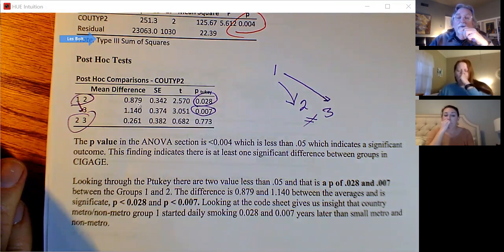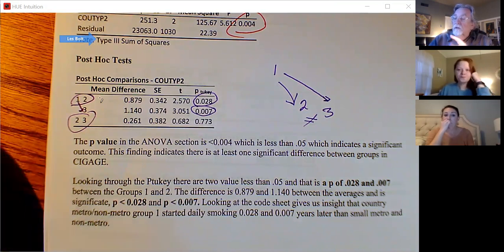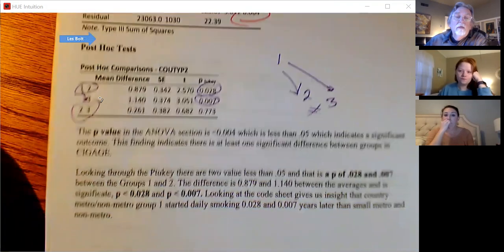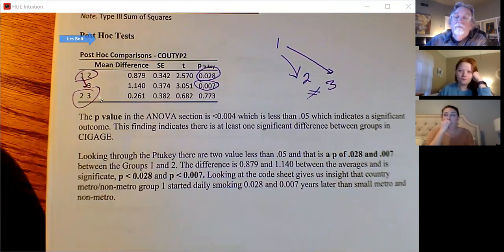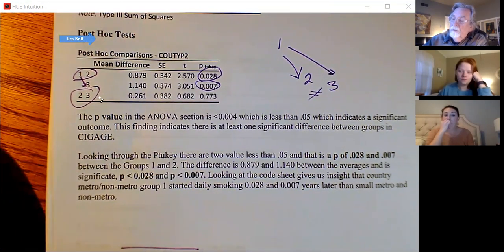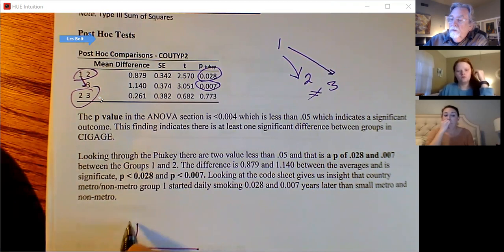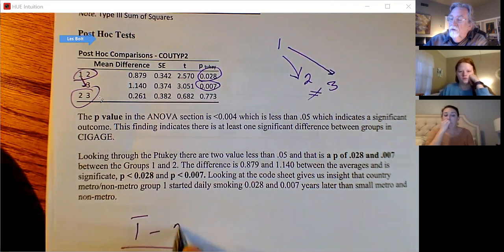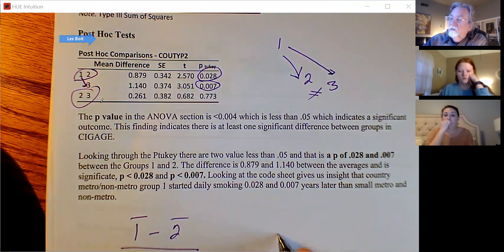than the county folks, because of the way this mean difference is calculated on top of the test. It's one group minus another group's mean, and then it's one group minus the third group mean.